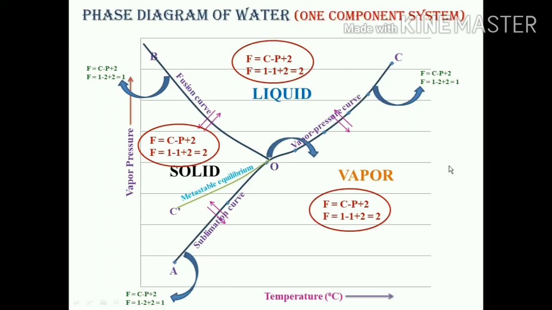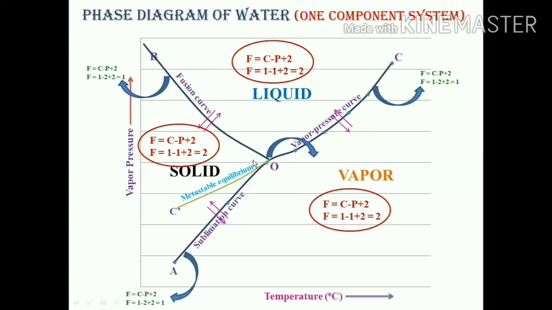What is the story at this point O, that is the triple point? At the triple point, F is equal to C minus P plus 2, right? C, that is the number of components, will be 1 here also, because we are discussing a one component system, that is water, H2O. As long as there is nothing else besides H2O, it will be a one component system. So F is equal to C minus P plus 2. C is 1. But what about the number of phases?